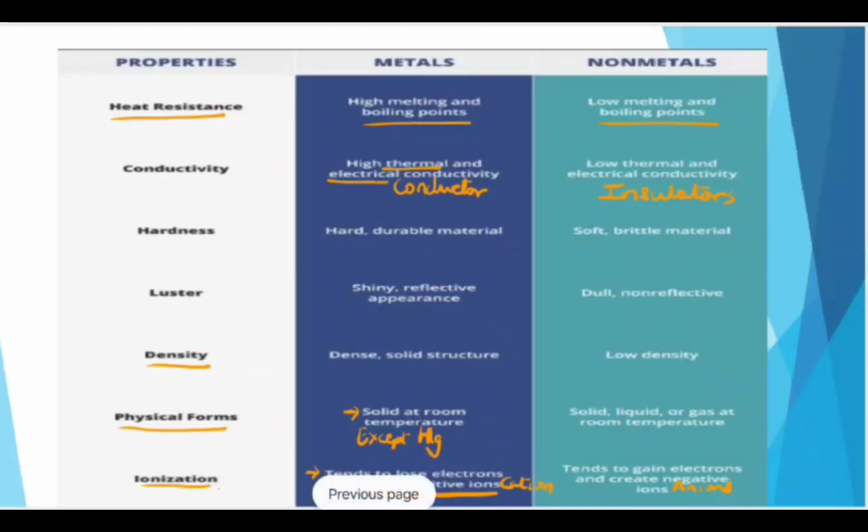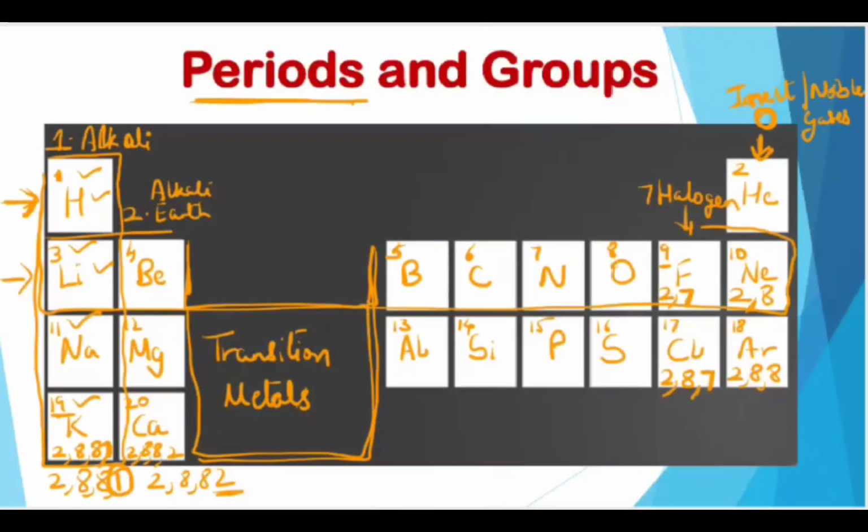Children, yesterday we also spoke about alkali metals and alkali earth metals. Alkali metals are all in group 1. Let me bring that to you in the form of a table again.